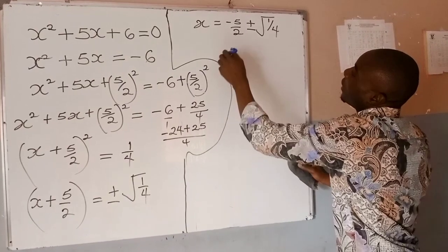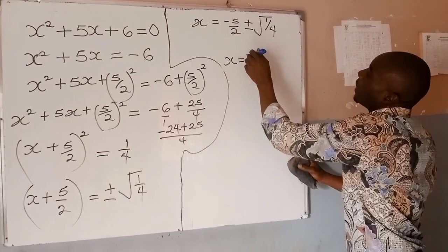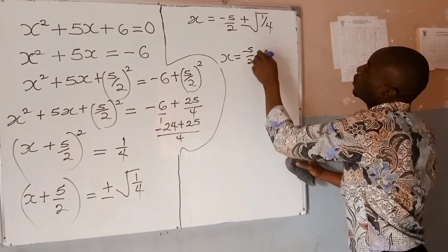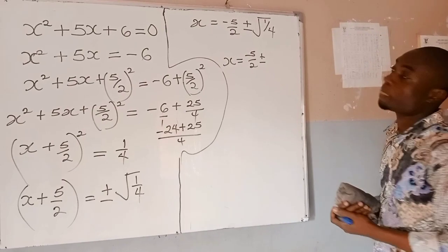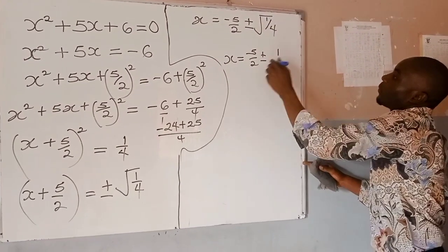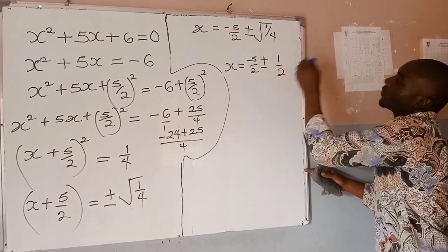So our value of x is equal to minus 5 over 2 plus or minus the square root of 1 over 4, which is 1 over 2, since the square root of 1 is 1 and the square root of 4 is 2.